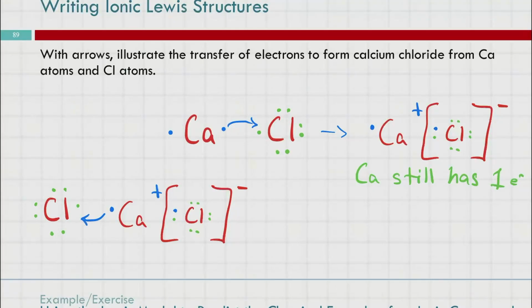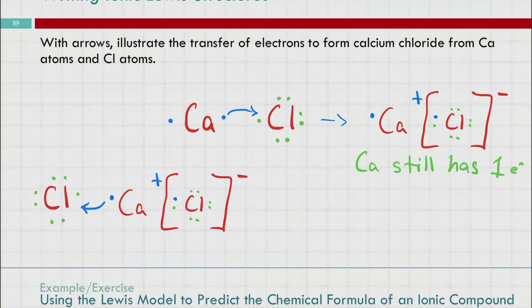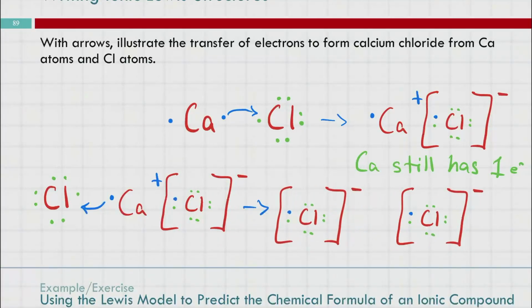Calcium can give its other electron away to that chlorine, and it becomes a chloride. So change a couple things around here just for color consistency, and we would end up with that as our Lewis structure.